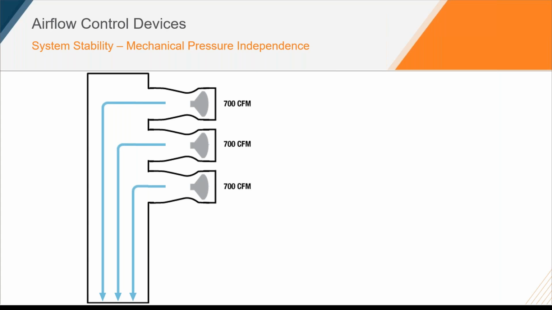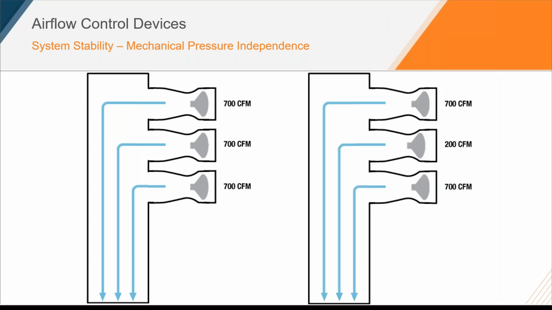The difference here is that because we're utilizing that mechanical pressure independence, because we're utilizing that cone spring, whenever the pressure fluctuates, the cone spring is going to immediately react to that change. So in this case, we can provide these 3 venturi valves with no controls, no actuators, have them mechanically set to a constant flow, and we would still expect them to be able to control to the flow set point we would expect.